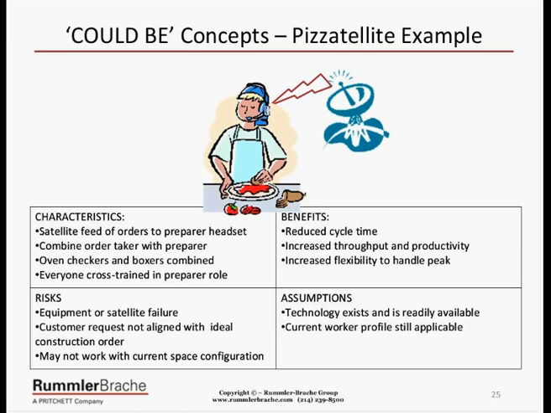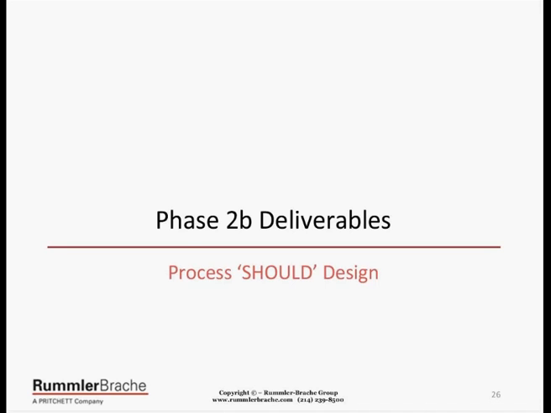Some of these concepts could be endorsed as a template for design. Others may simply give useful ideas that could be applied on a smaller scale to the design. Depends on the scope of the effort and the size of the performance gap.